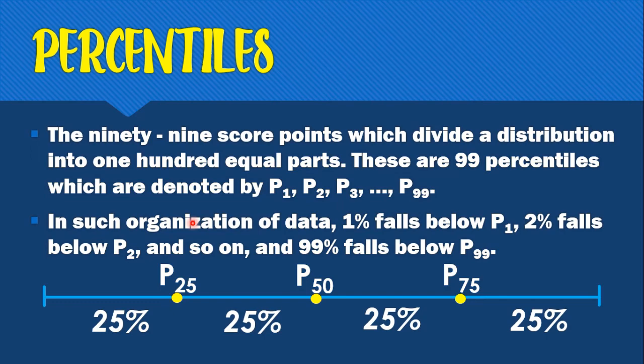So in such organization of data, we have 1% falls below P sub 1, 2% falls below P sub 2, and so on, and 99% falls below P sub 99. So given this graphical representation, we have 25% of the data is equal or less than the 25th percentile, and so on.